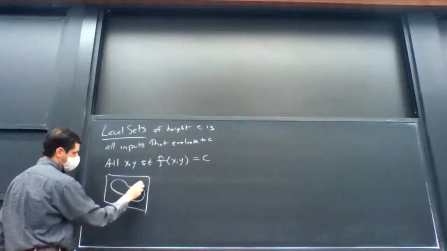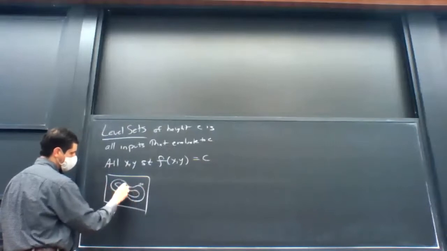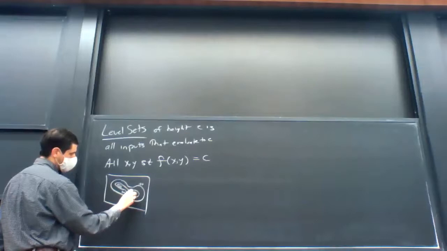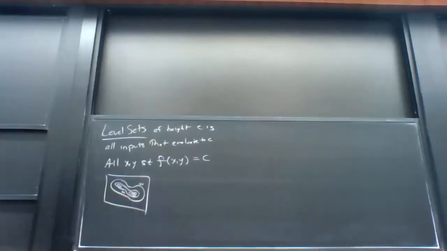So that's, let's call that 100. Let's call this 200. Let's call this 300. Let's call this 300. And let's call this 400. What do you think I've just plotted? Does this mean anything to you?